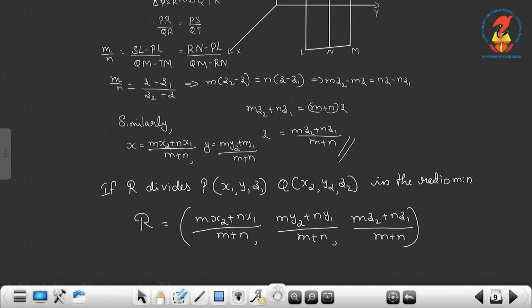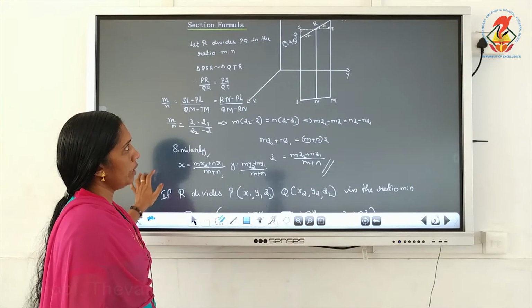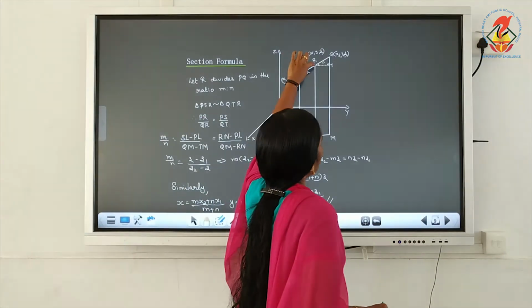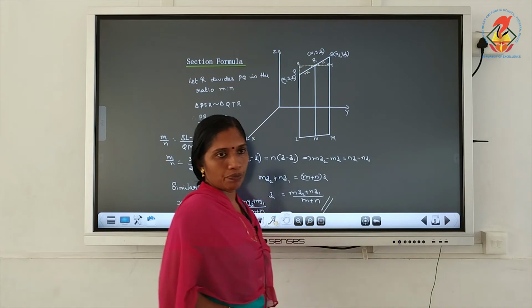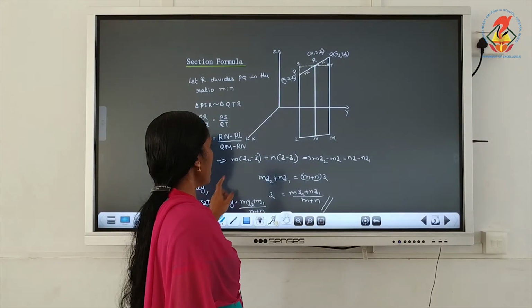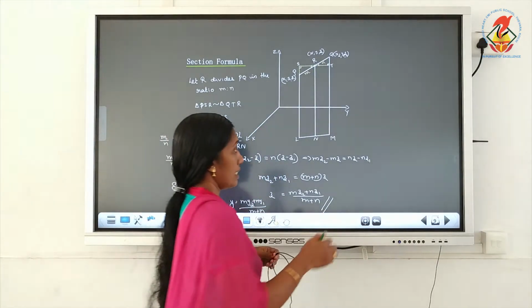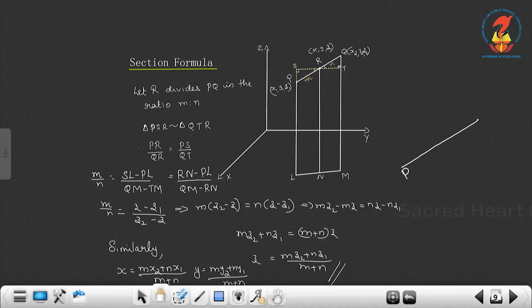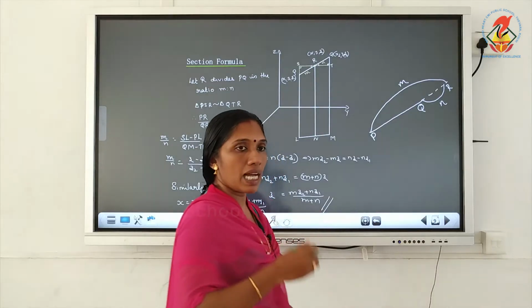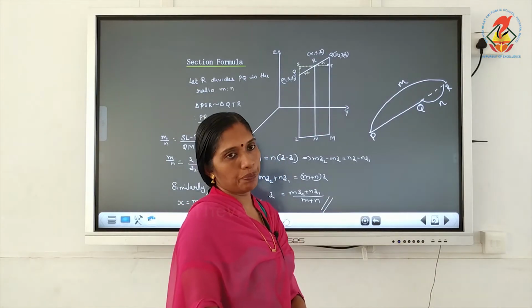Now this is internal division. What do you mean by internal division? This R is in between P and Q. Sometimes the division is not internal, but external. Externally means PQ is the line segment joining P and Q, and sometimes this R is outside. That is, R divides PQ in the ratio m is to n externally, that is, R is outside the line PQ.